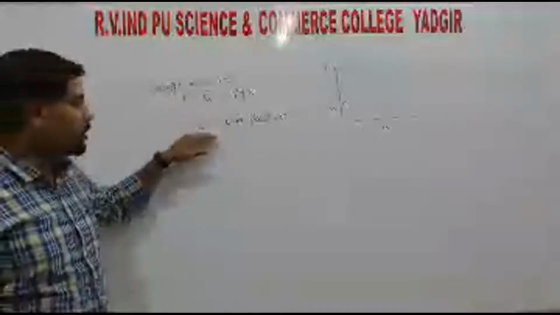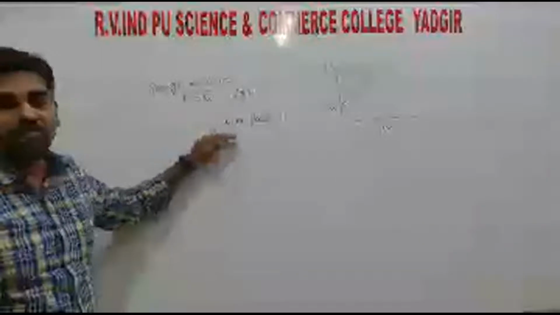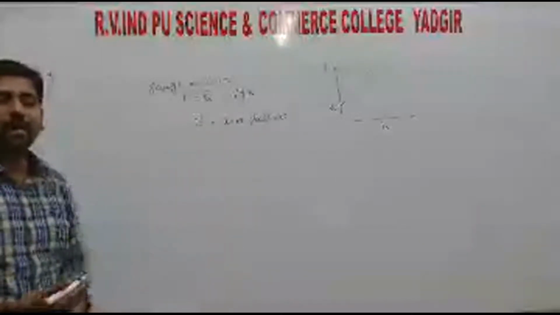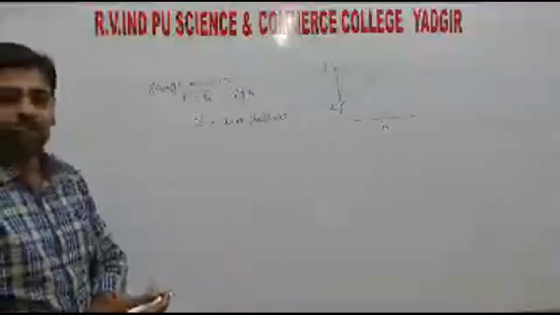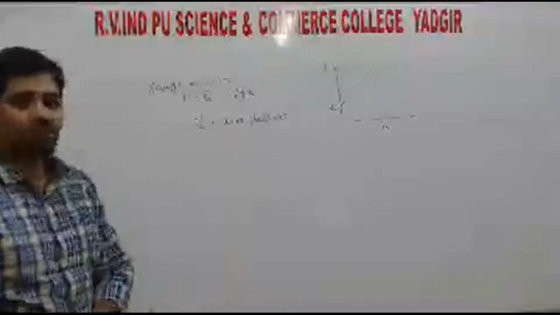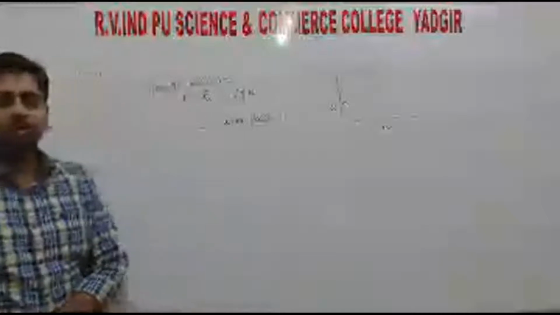So here we are going to discuss the atmospheric pressure. What is atmospheric pressure? The pressure which is exerted by the weight of the atmosphere, that pressure we call the atmospheric pressure.